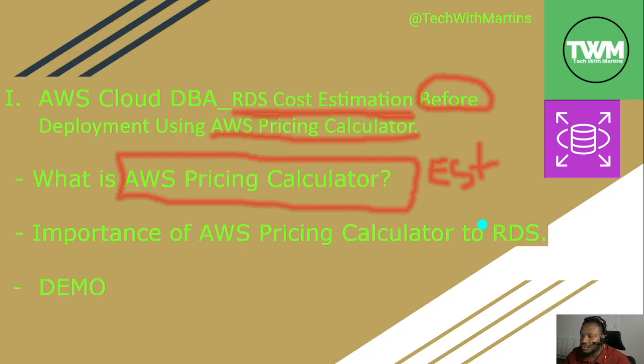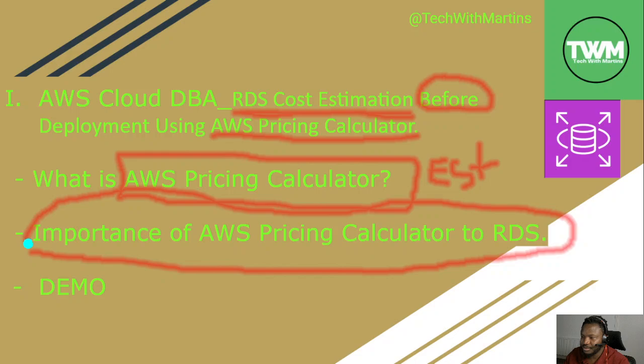So how important is the AWS pricing calculator to RDS? I look at it as not just for cost estimation, personally. Apart from cost estimation, to me, the pricing calculator is a measuring rod you can use to determine the various elements of cost as far as an AWS service is concerned.